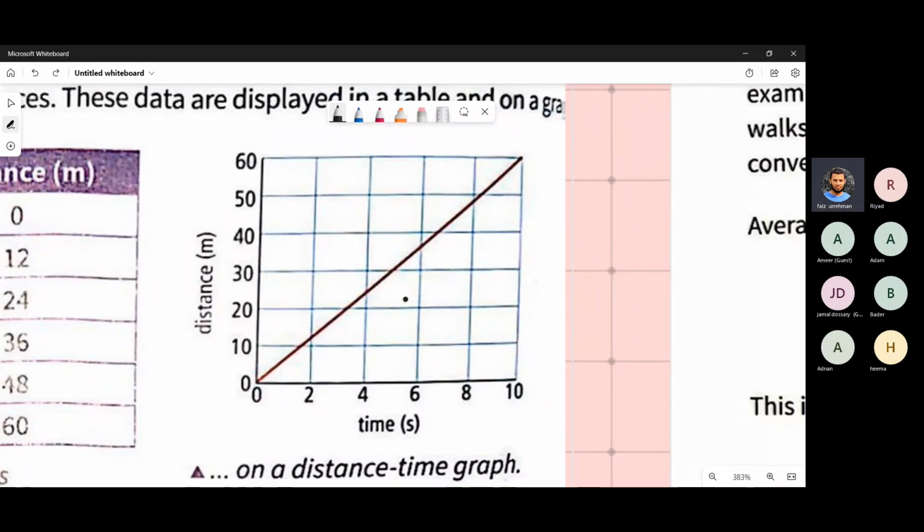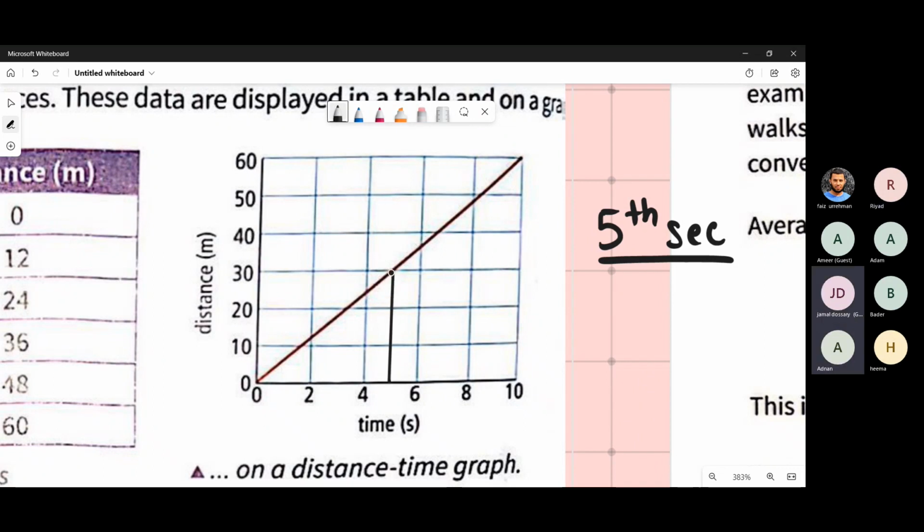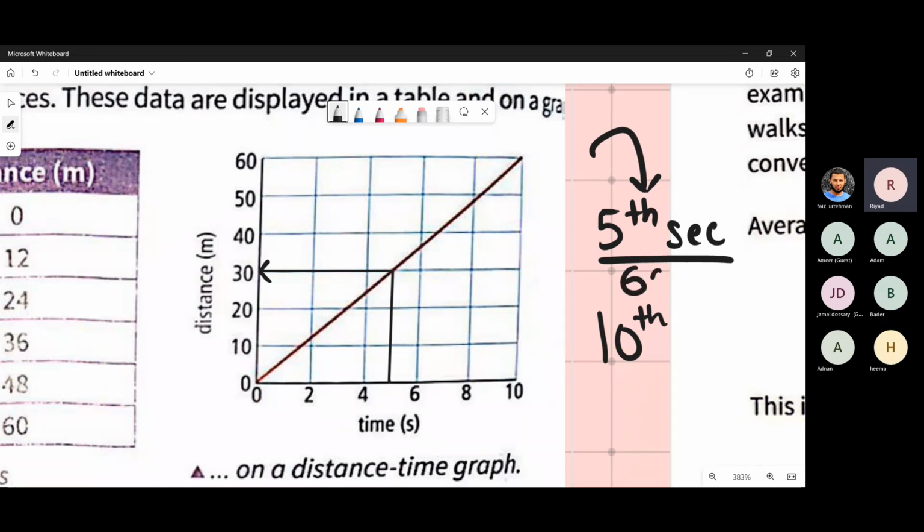Please tell me, at the 5th second, what was the distance traveled? 30. Distance 30, and the time is 5. And what about the 10th second? 60.